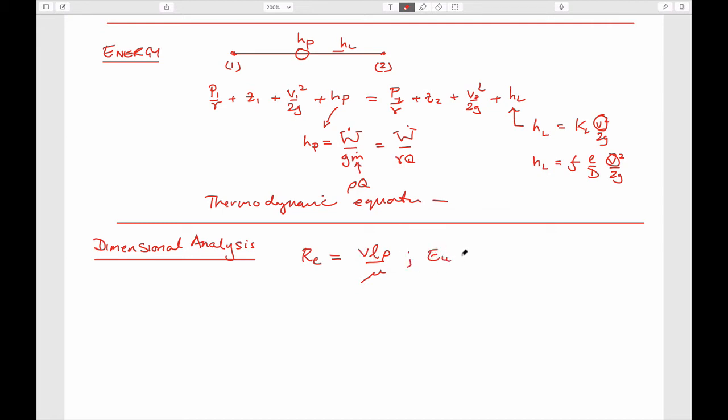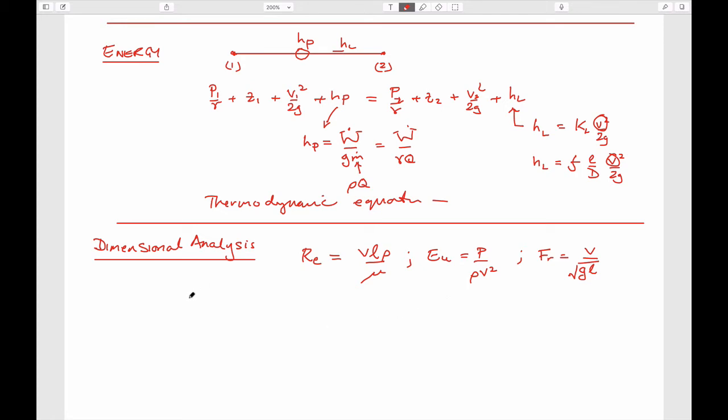There's Euler number, which is a pressure divided by rho v squared, which is pressure force divided by inertial force. And the Froude number, which is equal to a velocity divided by gravitational force, where there's just a characteristic length that's included in some of these, and this is an inertial force to a gravity force in this particular system.